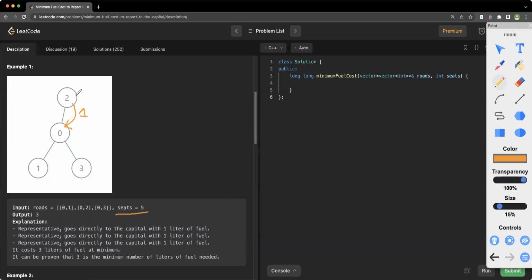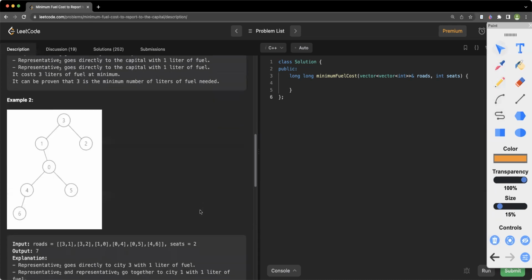At 2 we have a car and a representative. He can come in that car to 0 at the cost of 1 liter. From 3 also the representative comes to 0 at the cost of 1, and the representative of city 1 comes to 0 at the cost of 1. So the total cost is 1 plus 1 plus 1, 3. So we return 3 as the answer.